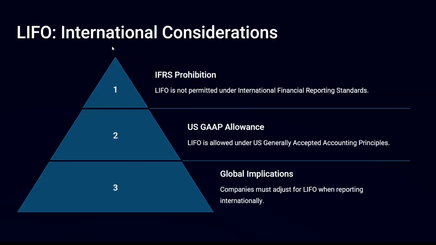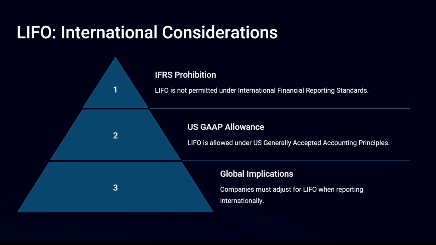Some considerations when using the LIFO method. Under IFRS, LIFO is not permitted in the international financial standards, and it is allowed under US GAAP. Companies must adjust for LIFO when reporting internationally.